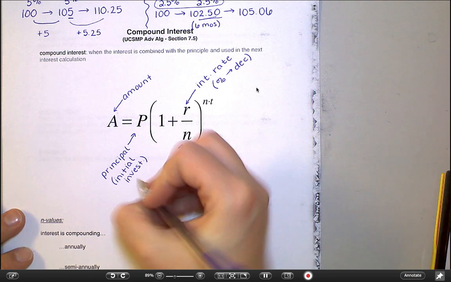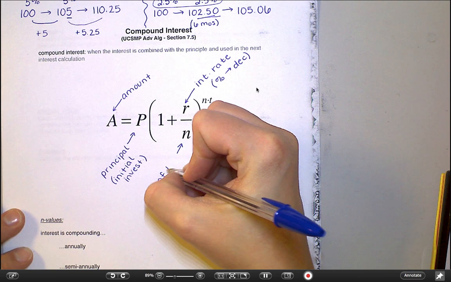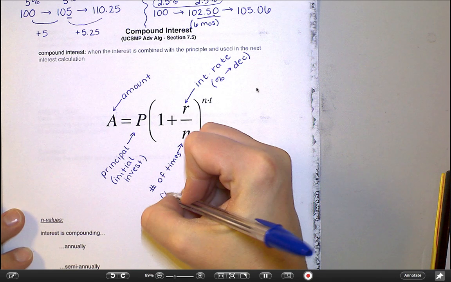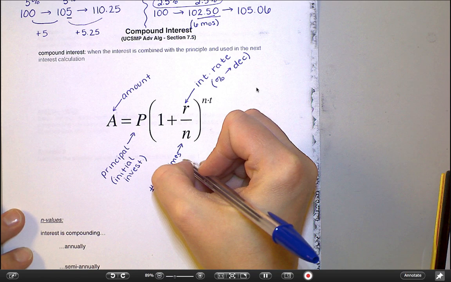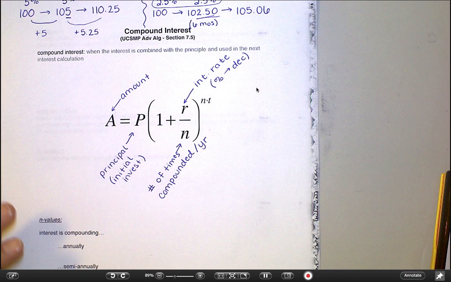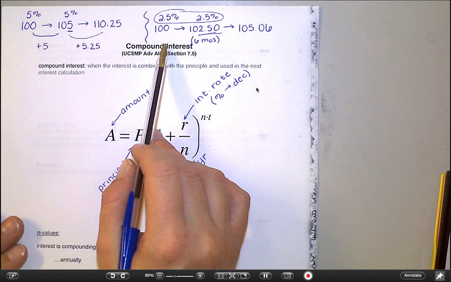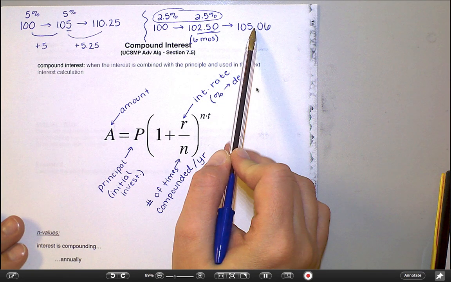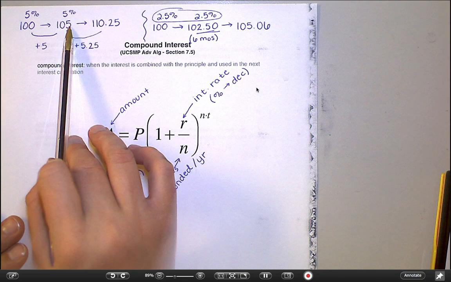N is the number of times you're compounding in a year. Number of times compounded per year. So this example that I did up here, we were compounding twice a year, because halfway through the year and then at the end of the year. Whereas back here, this was just a 1-year jump of 5%.